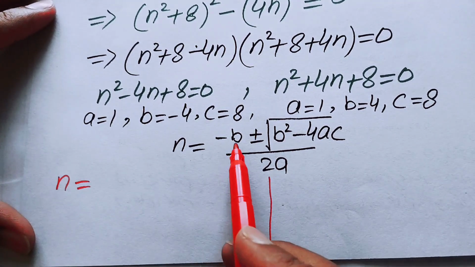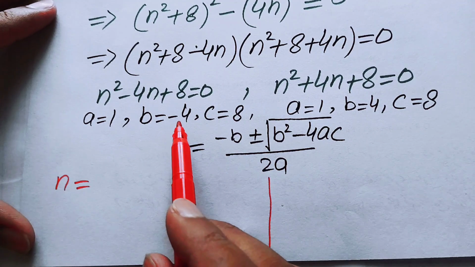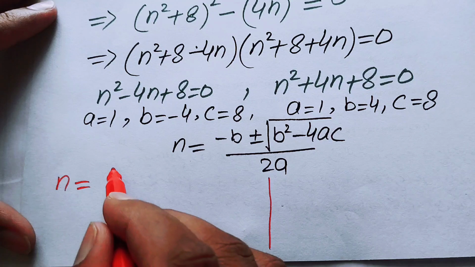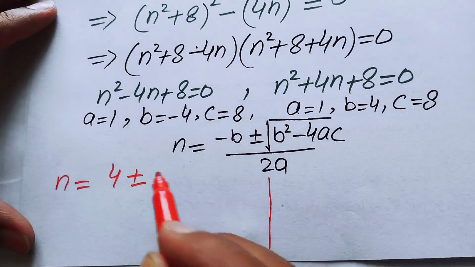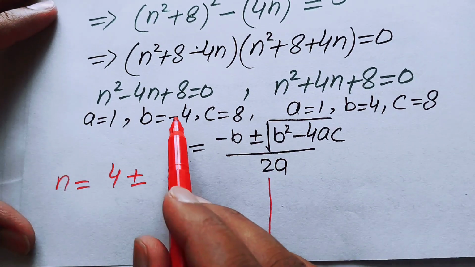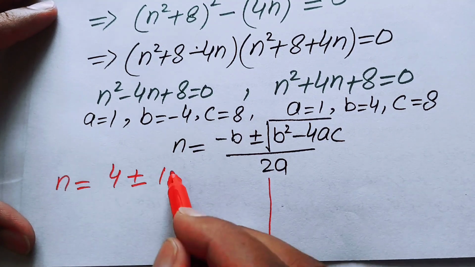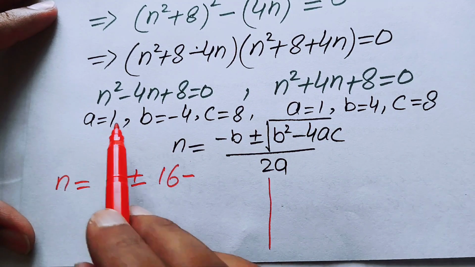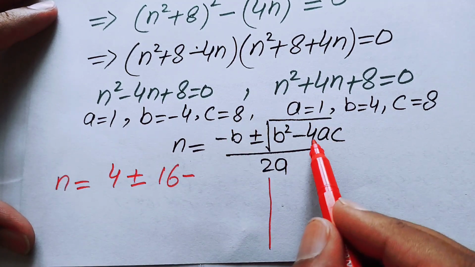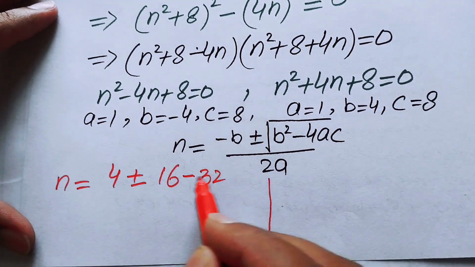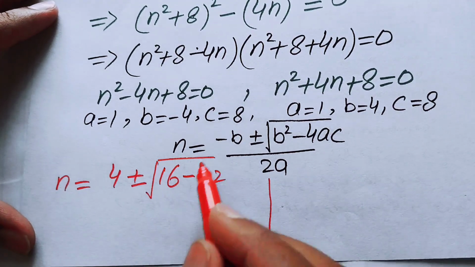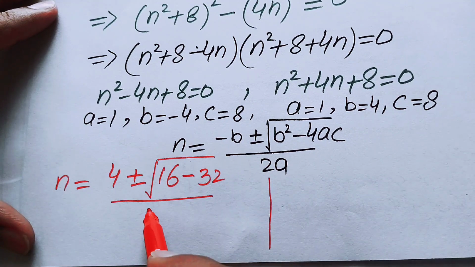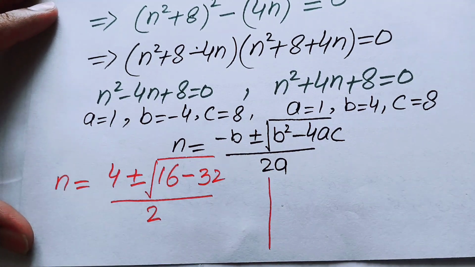So in this case you get n is equal to minus b, and the value of b is minus 4, so when you put this value here you get plus 4, plus minus the square root of b squared, and b is minus 4, so it becomes 16, minus 4 times ac, the value of a is 1 and the value of c is 8, so 4 times 8 is equal to 32, over 2 times a, and the value of a is 1, so it becomes only 2.